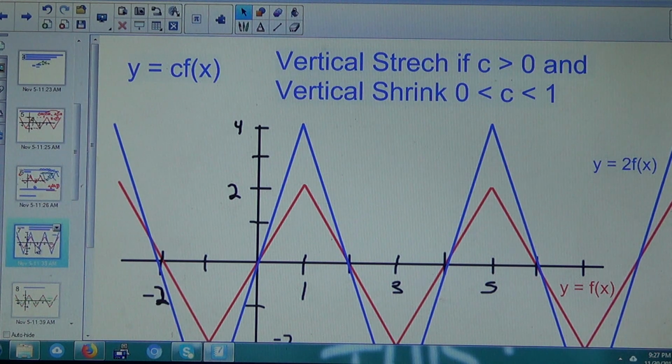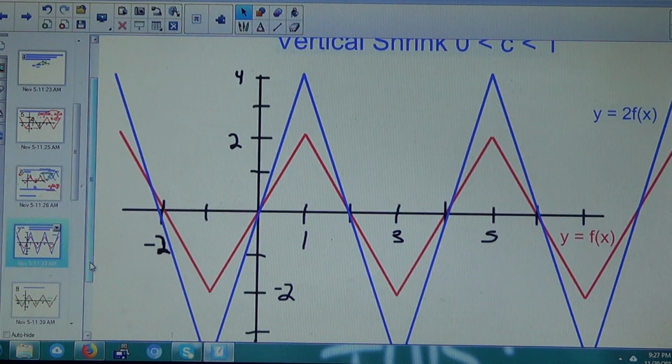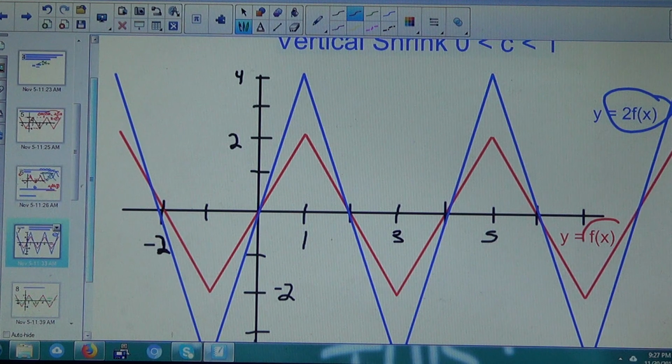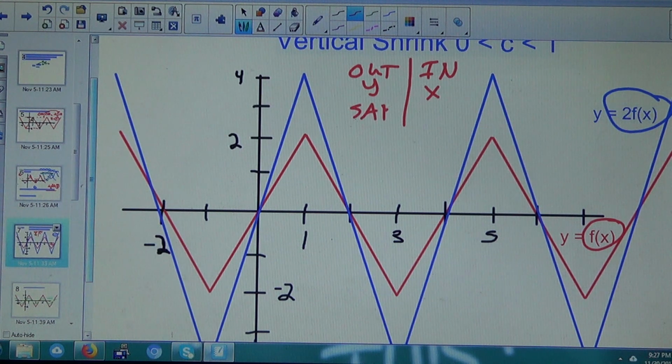Alright, so here's the cool thing too. If you all look over here on the right side, we got 2f of x, and we got 1f of x. And if you look at that formula on the board up here, we got the outside, and we got the inside. Change my y's, x's, same, opposite. Alright, so using those sentences that I gave you, they're on the board there behind my desk, where is this 2 located?